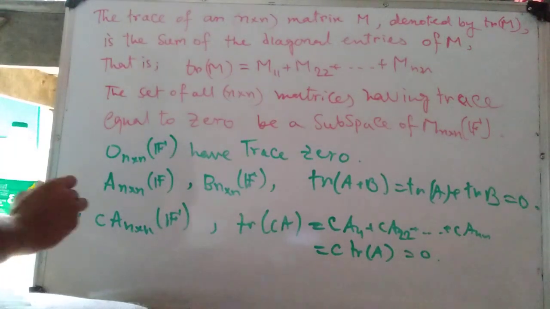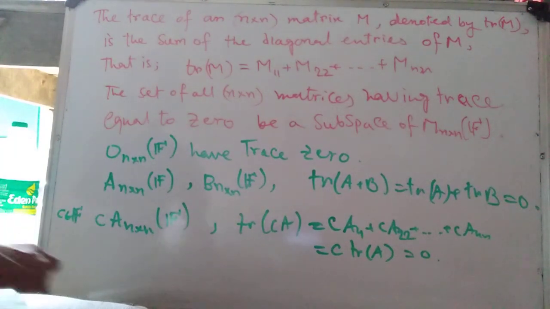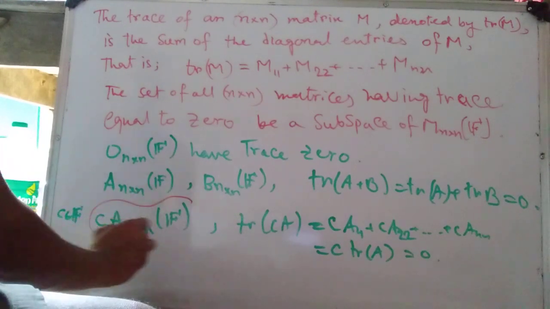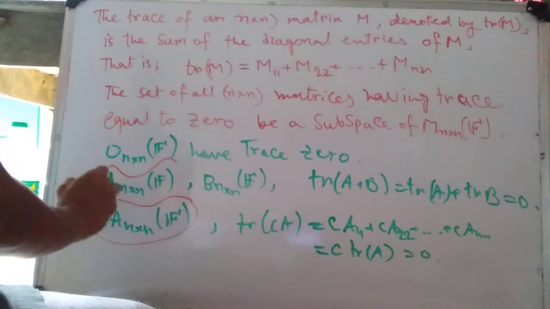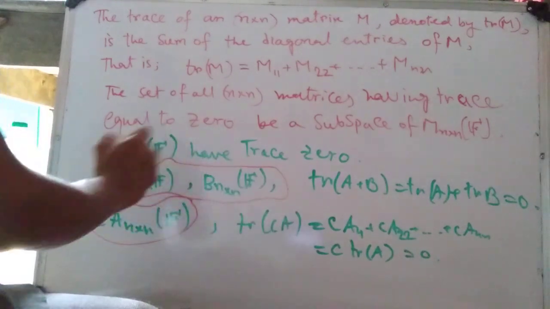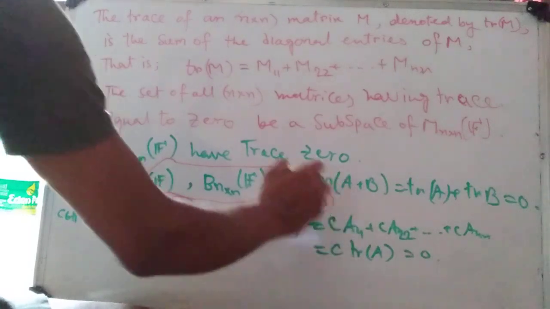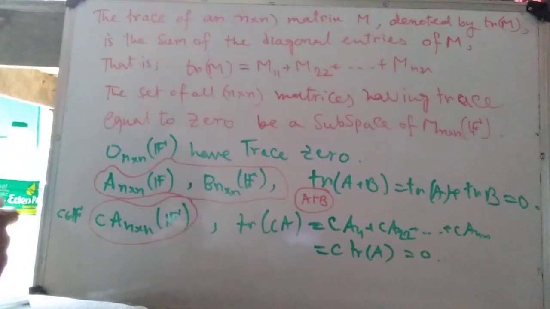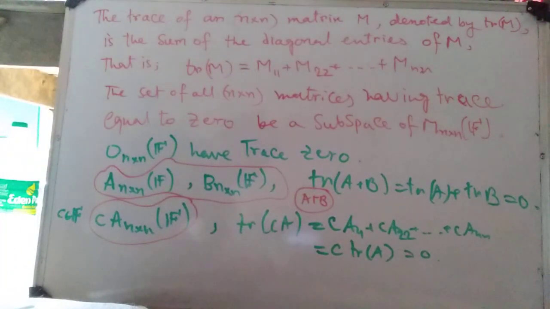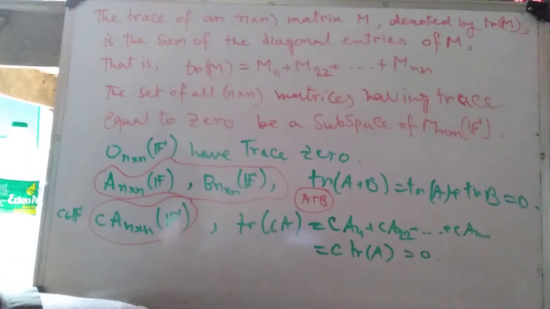So ca obviously belongs to the set of all n cross n matrices with trace 0, and if a and b are in this set, then a plus b also belongs to it. So I think that portion is understood, and the set of all n cross n matrices having trace 0 is obviously a subspace of the set of all n cross n matrices.